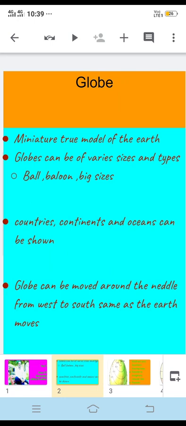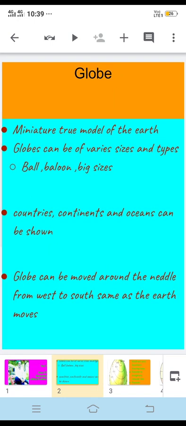Then it can be of a large size also, which cannot be easily carried. So globe sizes are different, and there are different types of globes also.